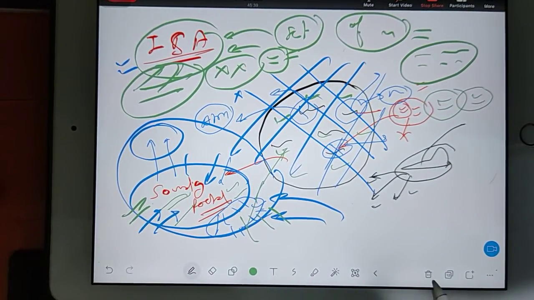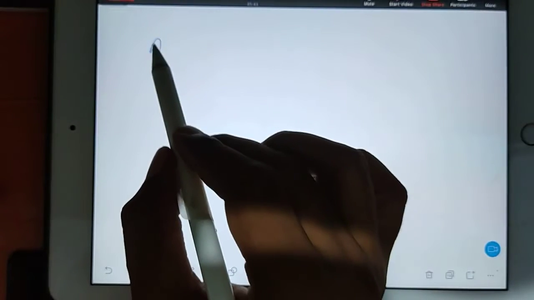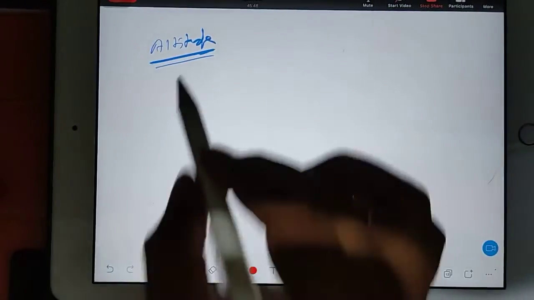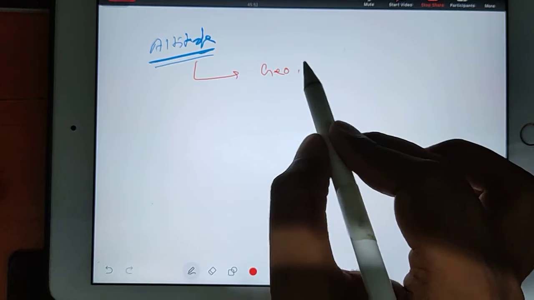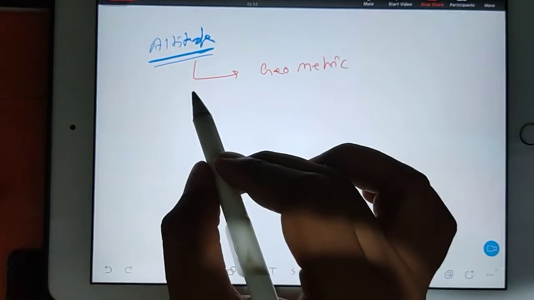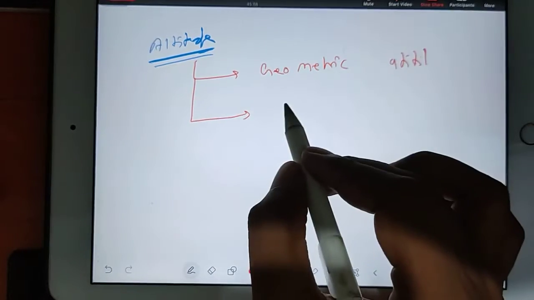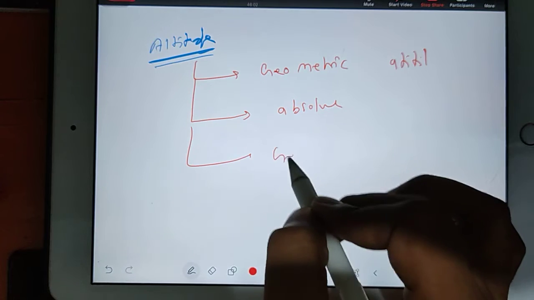So now the next important logic is that we have to talk about altitude. Actually, we have three types of altitude. One is geometric altitude, one is absolute, and one is geopotential.